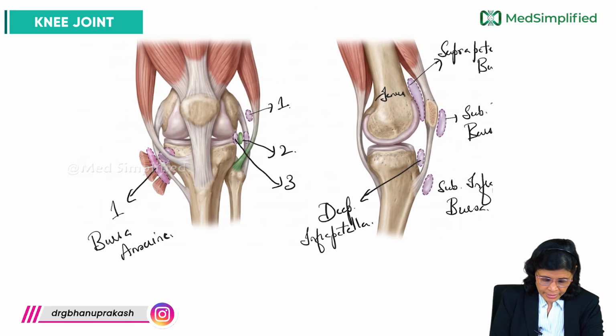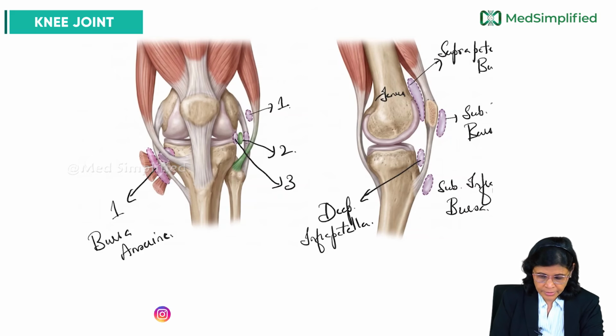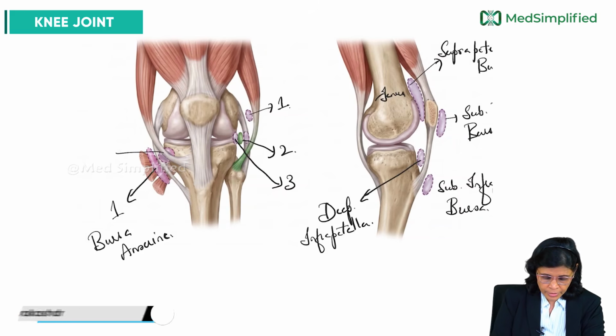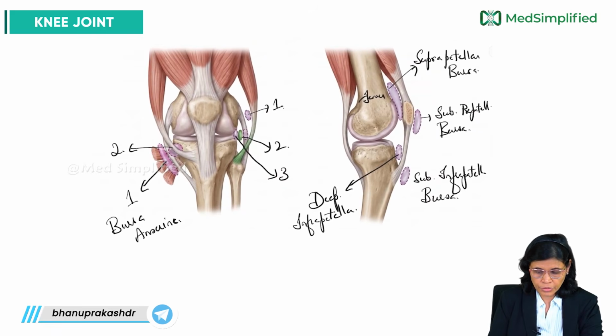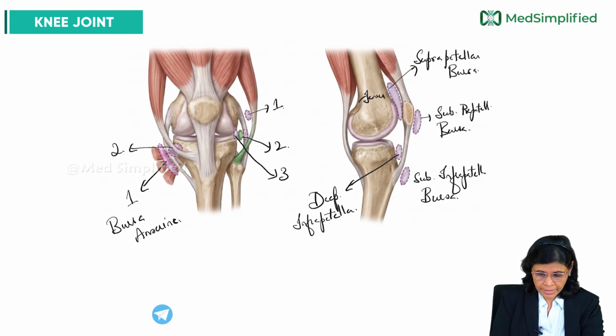Then there is a bursa here, if you see, between the semimembranosus tendon as well as the medial condyle of tibia. So this is the second bursa which we see, and this also communicates with the knee joint. And next is the bursa between the tendon of semimembranosus and the medial collateral ligament.